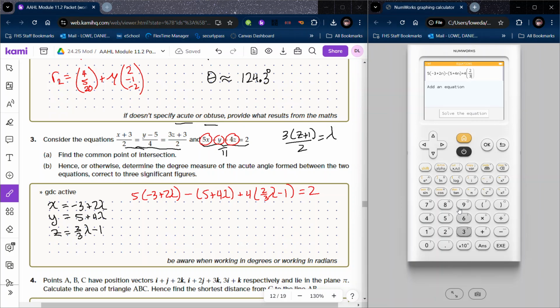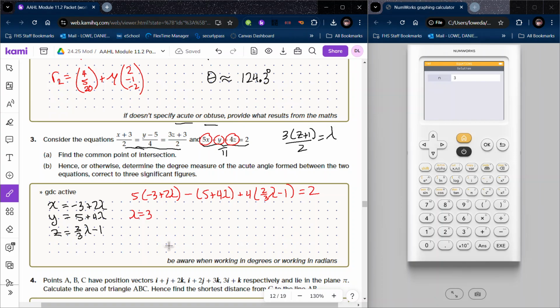And then I have 2/3 my variable, minus 1, and that needs to be equal to 2. All right, if I solve that equation, it gives me lambda is equal to 3.